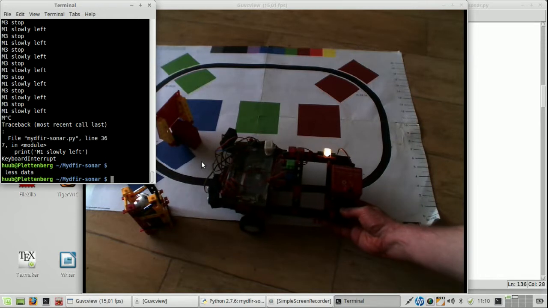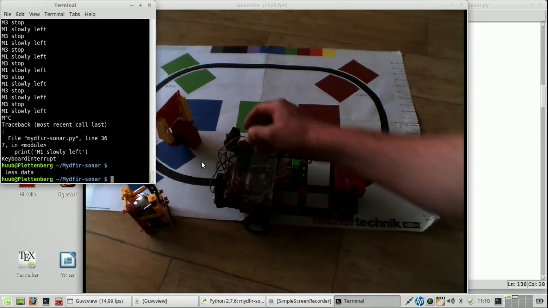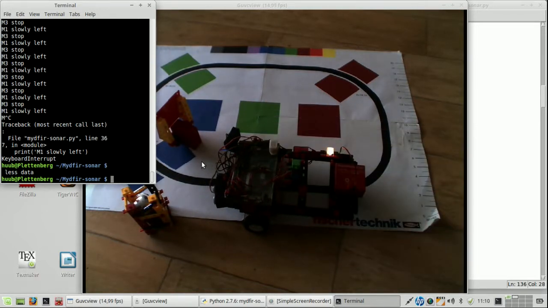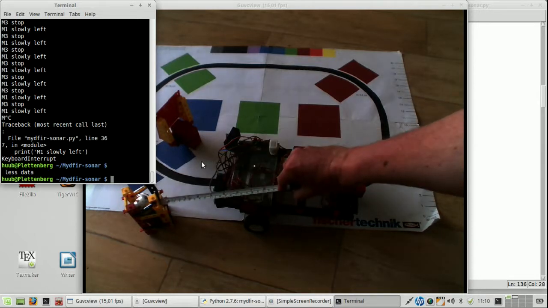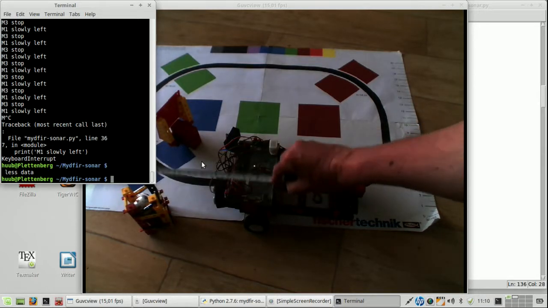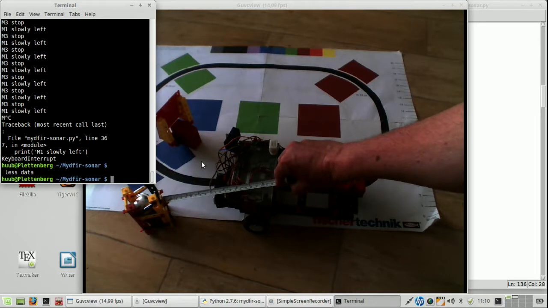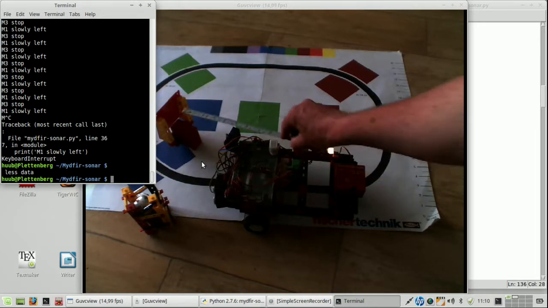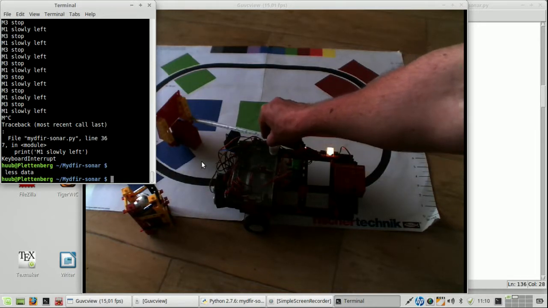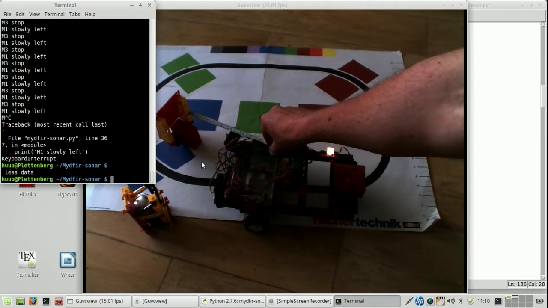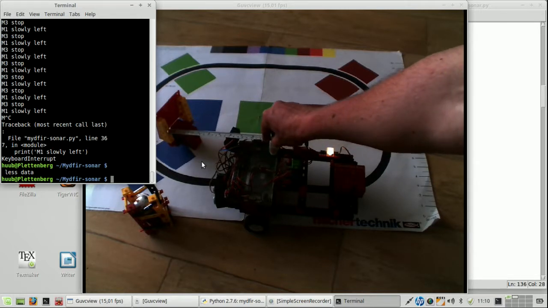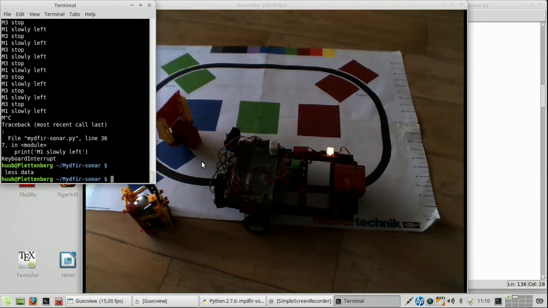So once again, on the line, distances 11, kind of, ish, 10 ish. This is 13 and this is 14.